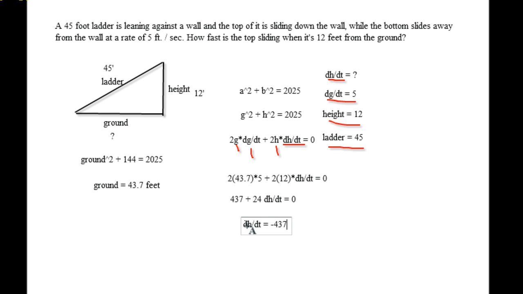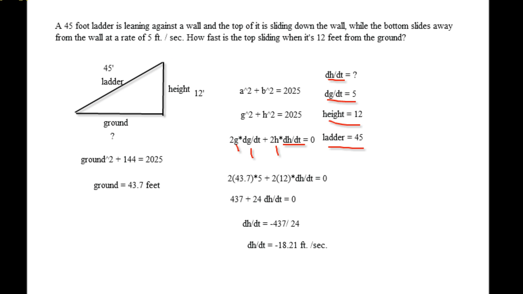That should be the rate at which the ladder is sliding down the wall at that moment: negative 18.2, well, 21. Let's make that 21 feet per second.